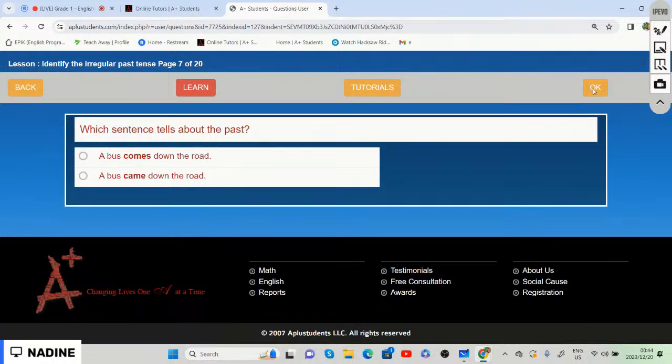All right, let's do the last one. Which sentence tells us about the past? The bus comes down the road, or a bus came down the road.